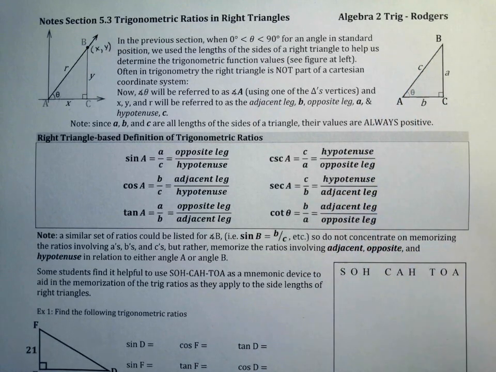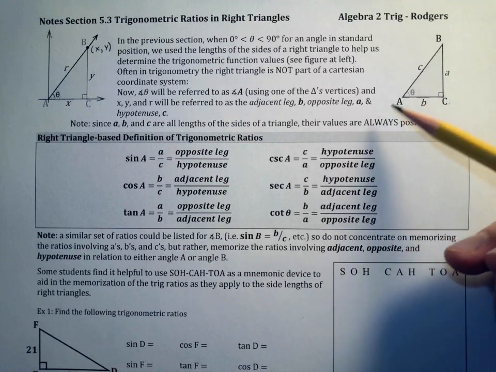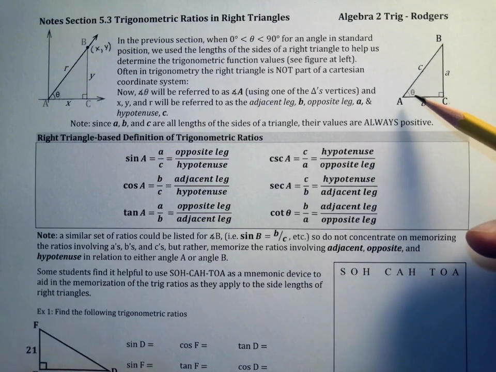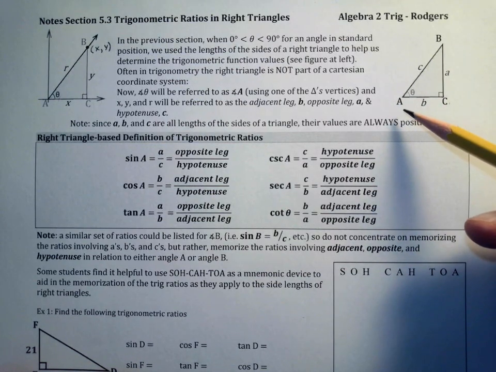All right, so in a right triangle, typically we're going to call C the right angle, and capital A and capital B, which are either vertices or angles, are going to be the acute angles of the right triangle.